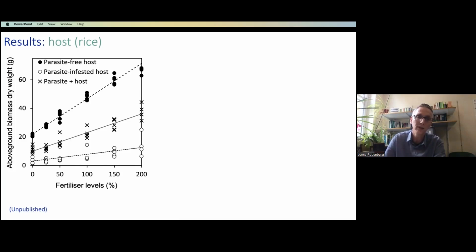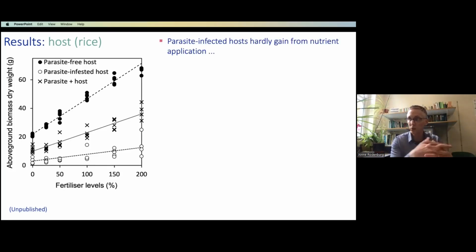And then the open symbols, the lower points, represent the parasite-infested hosts. So you see that the host hardly gains from nutrient application if it is infested by the parasite.